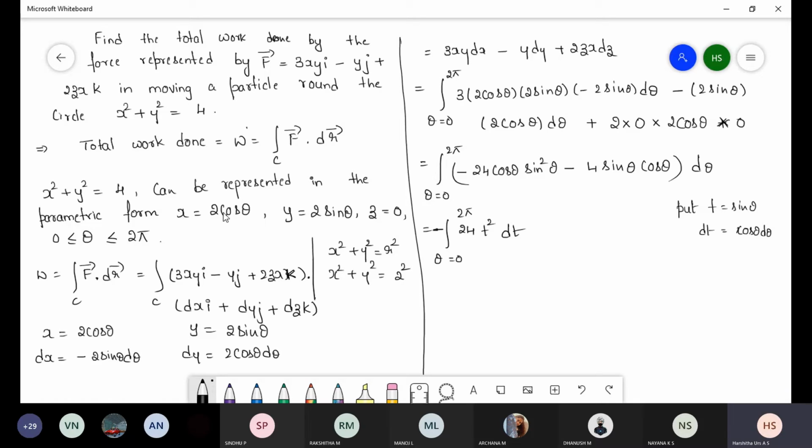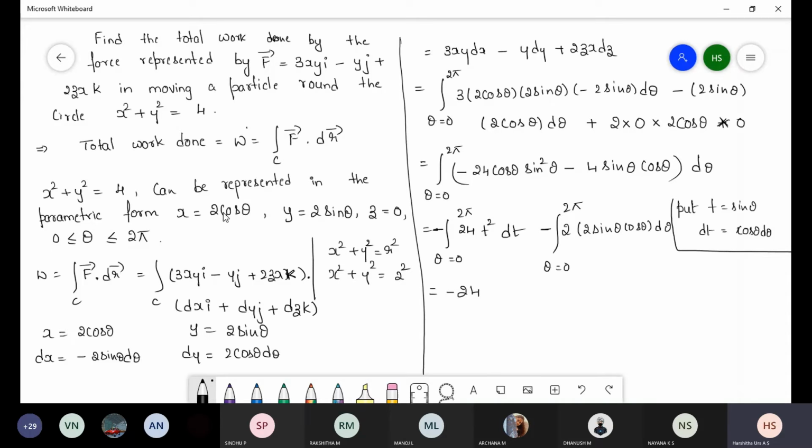Next, minus, here I will split this 4 as 2 into 2 sin theta cos theta into d theta. Minus 24 I will write outside. Here also I will define separately that theta varies from 0 to 2 pi.